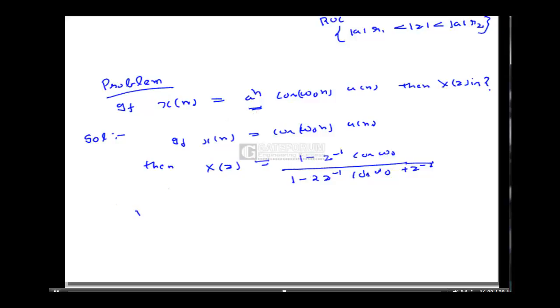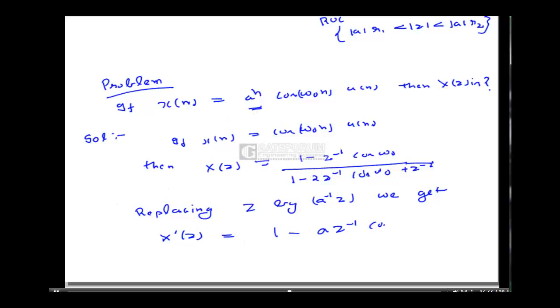So, replacing z by a inverse z, we get X dash z equals (1 minus a z inverse cos omega naught) upon (1 minus 2a z inverse cos omega naught plus a square z to the power minus 2).